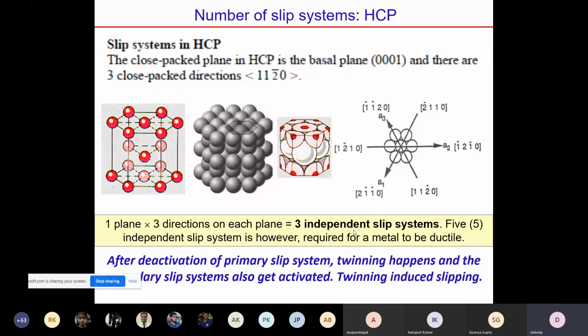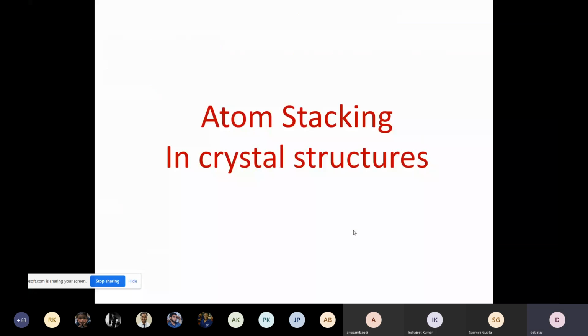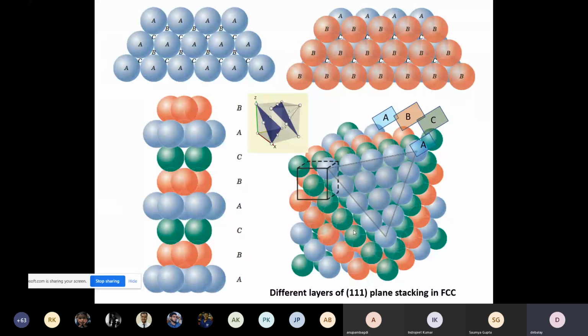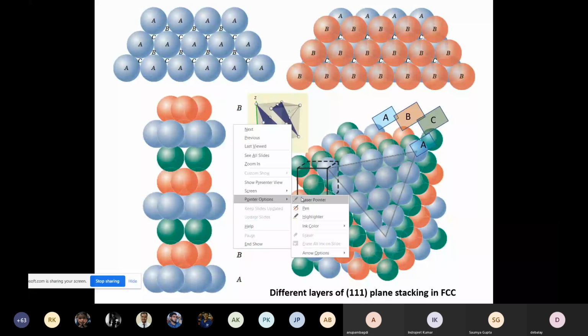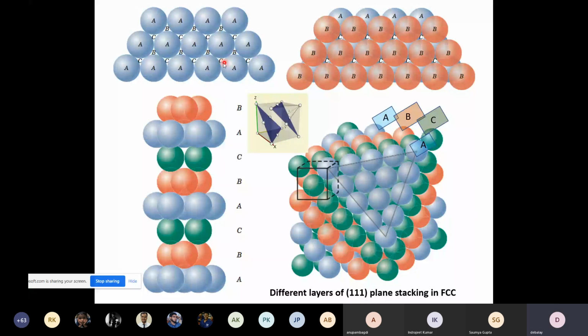Let us understand again atom stacking. A layer. On top of that, B and C layers. B grooves and C grooves. Whatever groove I choose, B or C, that doesn't matter if A layer is my first layer. The next layer I call B layer.